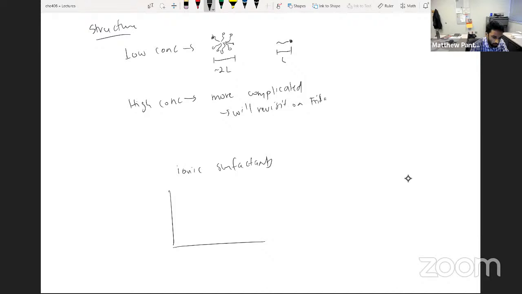So if we were to plot concentration versus temperature of micelles, what we would find is at high concentration and low temperature, at some point, these would just form hydrated crystals. Or they would clump up, they'd form some kind of crystals that have water associated with them, but they'd be solid.